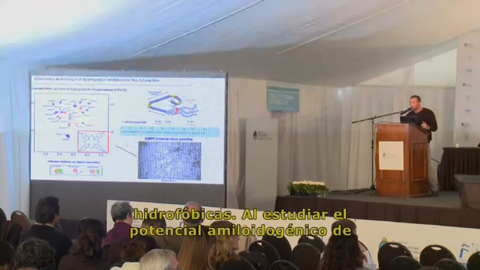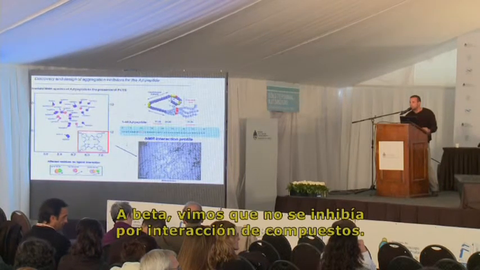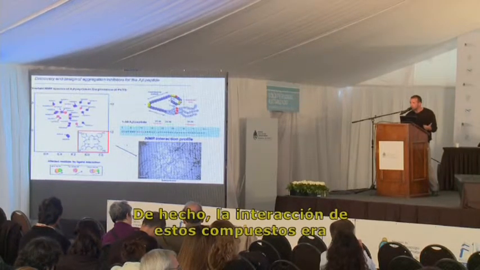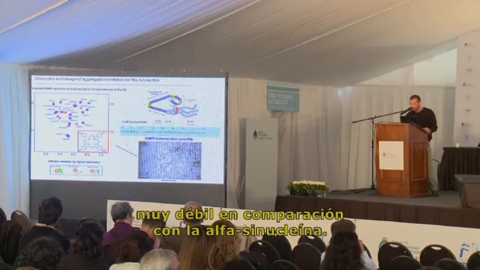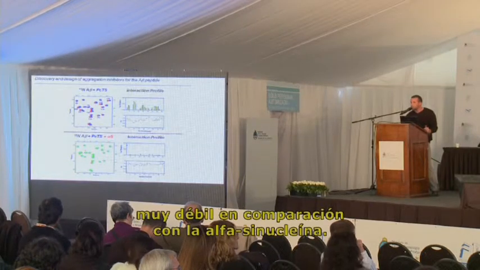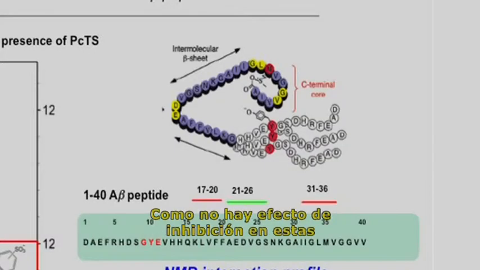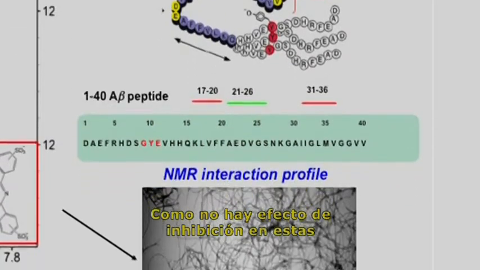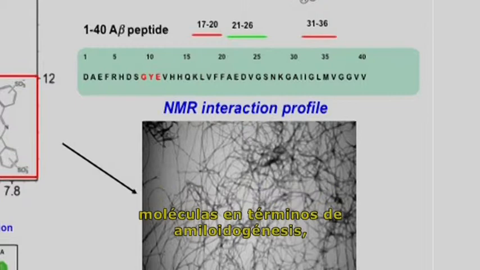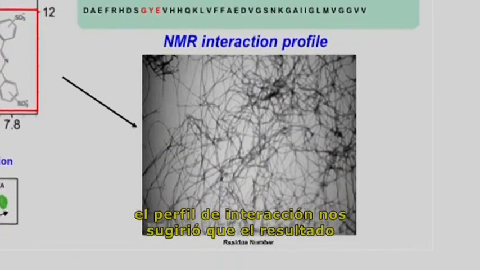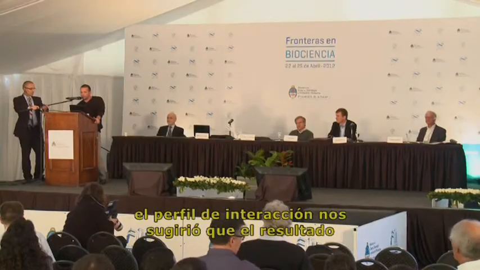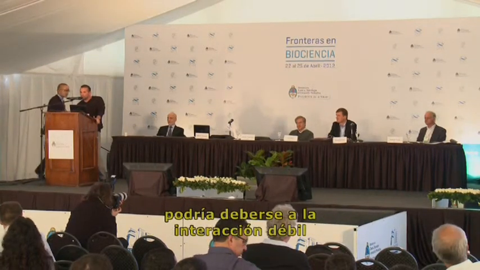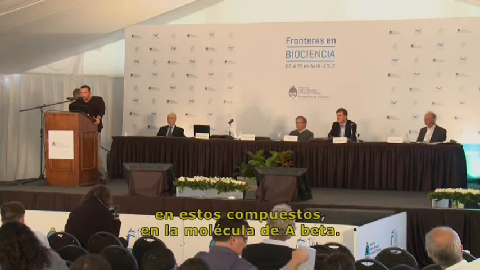In that case, when we studied the amyloidogenic potential of the A-beta, the amyloidogenicity was not inhibited by the interaction of the compounds. And indeed, the interaction of these compounds was very weak compared to alpha-synuclein. Since there is no inhibitory effect displayed by this small molecule on the amyloidogenicity, the interaction profile suggested that this may be due to the weaker interaction between these compounds and the A-beta molecule.